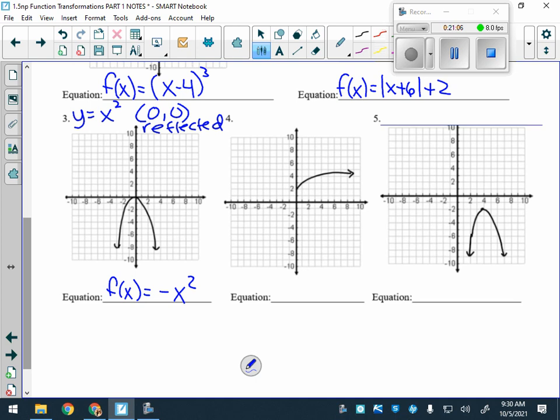Okay, and number 4. What is my parent function? Good. And this one uses our starting point. So where is our starting point? 0, 2.